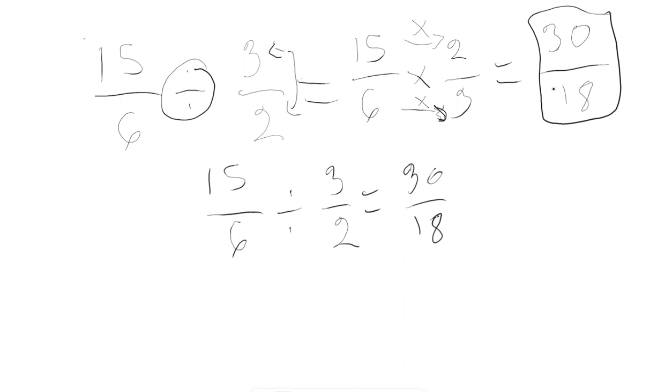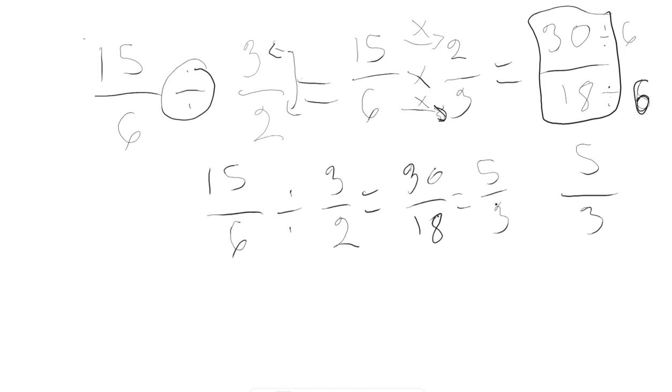So you know that 6 goes into 30 and 6 goes into 18. So 30 divided by 6 is 5. 18 divided by 6 is 3. So your new fraction is actually also equal to 5/3.